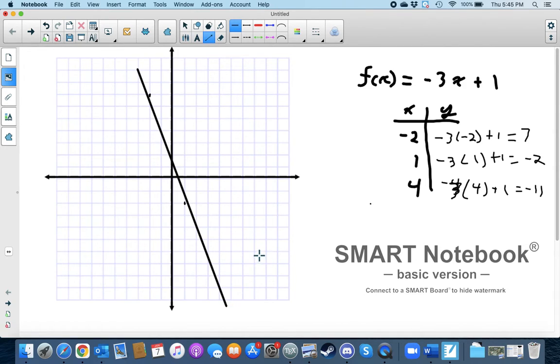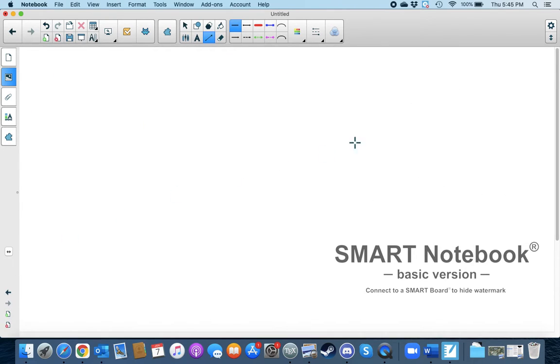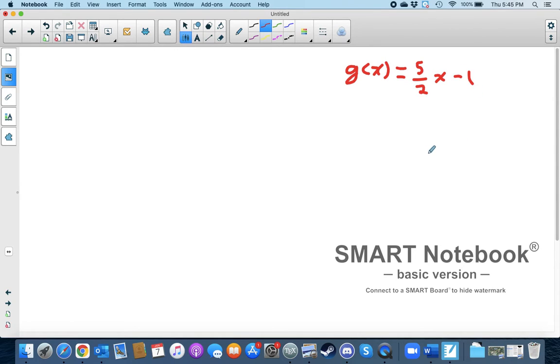Okay, that's one example. The second example that I will do is going to be using a function, let's say g of x, such that we have 5 halves x minus 1. Okay, so here again, x, y.